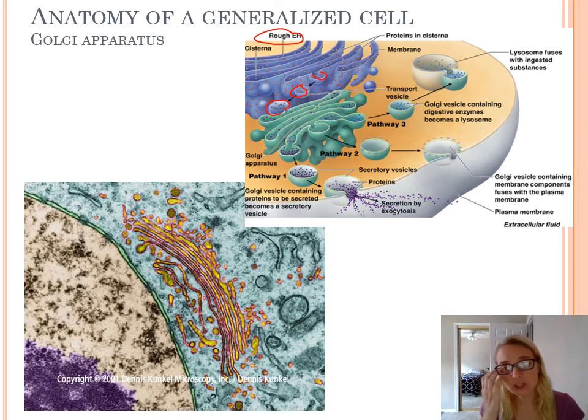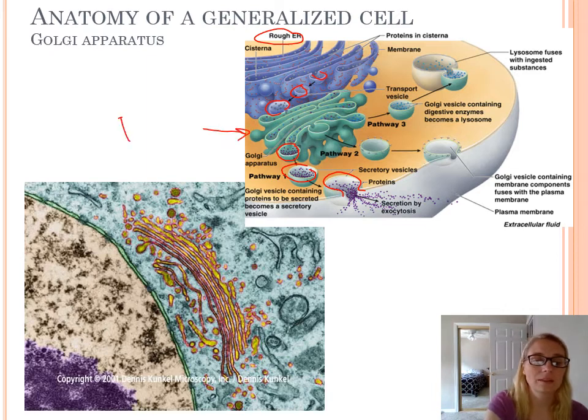The Golgi body functions to process, do some final tweaking on that protein product, and then it packages it into another vesicle, which is headed towards the outside of the cell, and it will release that product via what's called exocytosis. A lot of times people think of the Golgi as like the FedEx of the cell.